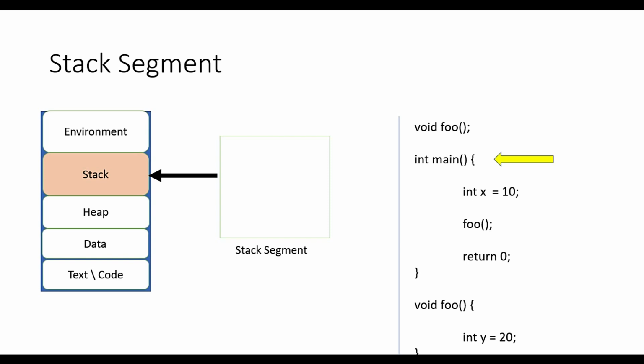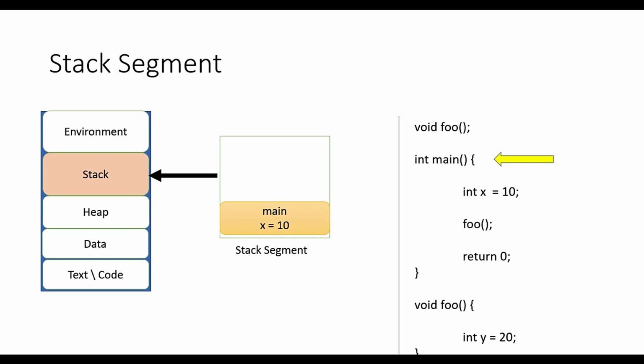The local variables that are in the function are also stored in that stack frame. So you can see a stack frame for main is created and it is pushed onto the stack. And you can also see the local variable x gets its memory in the stack frame of main.